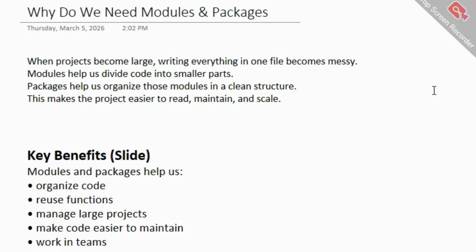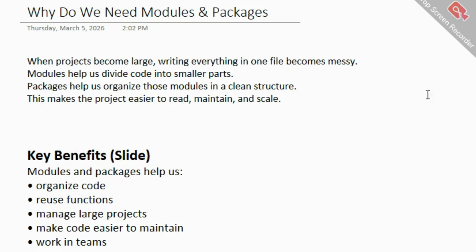The third reason is easier debugging. If something goes wrong, it is easier to find the problem when the code is divided into modules. The fourth reason is project scalability. Large applications like machine learning systems, APIs, and data pipelines always use modules and packages.